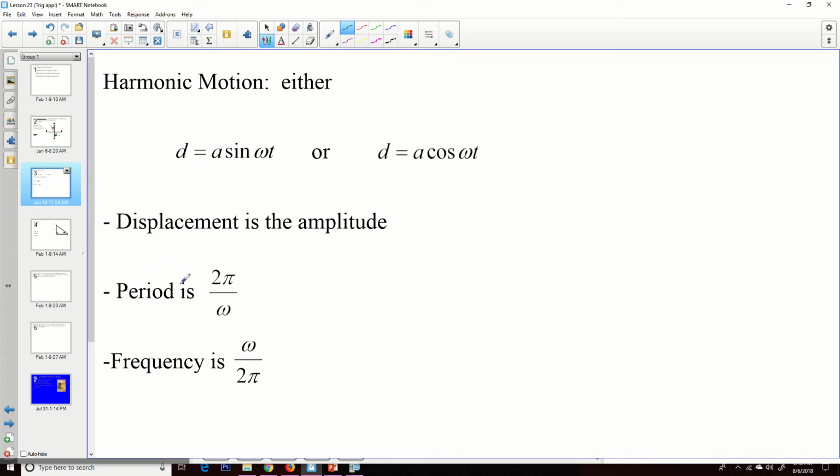The period is always going to be 2 pi over w, and we've seen that before. But the frequency is the reciprocal of that. And be careful, because there's a lot of times where it almost feels like they're mixing these together. So period is 2 pi over w, frequency is w over 2 pi.